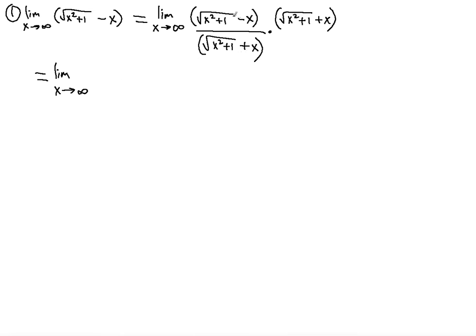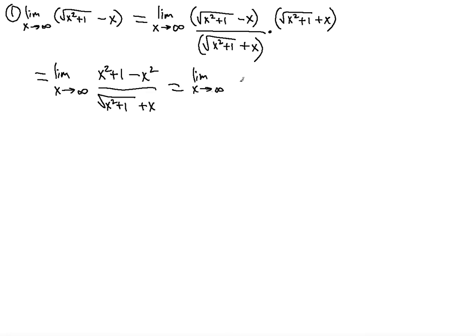Notice that the first term, using the FOIL method, will be x squared plus 1 outside, with no square root because you got rid of it by squaring it. Then the middle two terms cancel out because of the alternating signs, and the last term is just minus x squared. This is divided by the square root of x squared plus 1 plus x, and notice that the x squared terms cancel out.